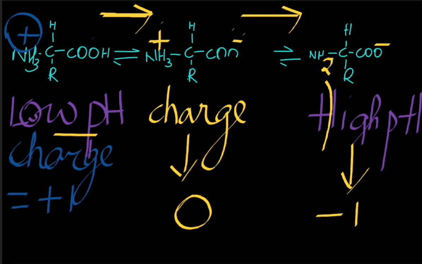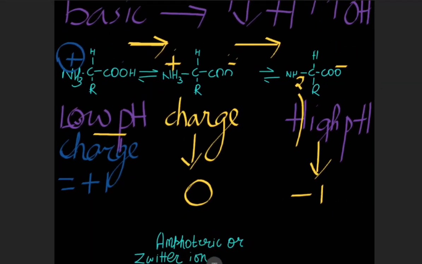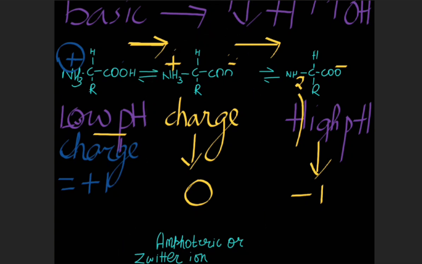This will have -1, right? So this is actually the ion that I'm talking about, the Zwitterion. The Zwitterion is also known as an amphoteric ion, because it has one end positive and the other end negative. So it is carrying both the charges, so amphoteric in nature as well. So this is actually a Zwitterion, right?